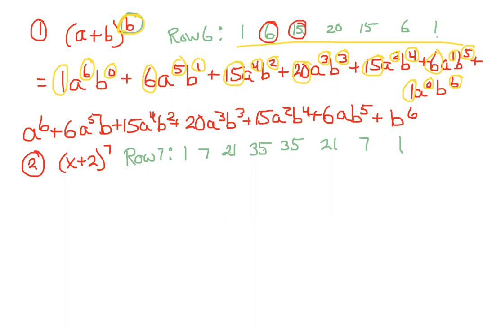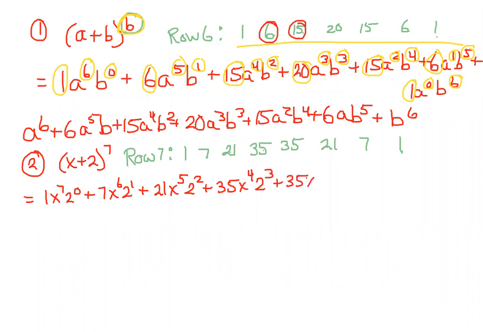And now we're going to expand this, and we're going to say 1, x to the 7th, 2 to the 0, plus 7, x to the 6th, 2 to the 1, plus 21, x to the 5th, 2 to the 2nd, plus 35, x to the 4th, 2 cubed, plus 35, x cubed, 2 to the 4th, plus 21, x squared, 2 to the 5th, plus 7, x to the 1, 2 to the 6th, plus 1, x to the 0, 2 to the 7th.